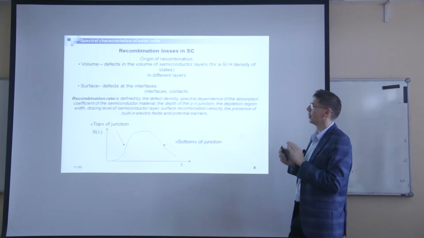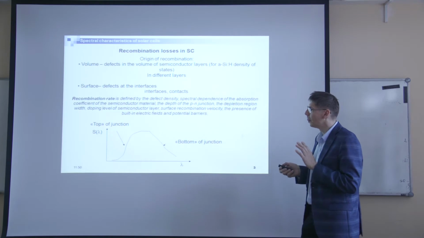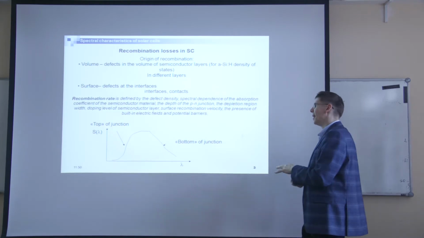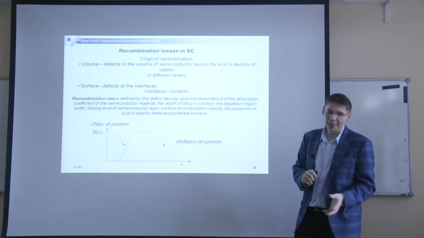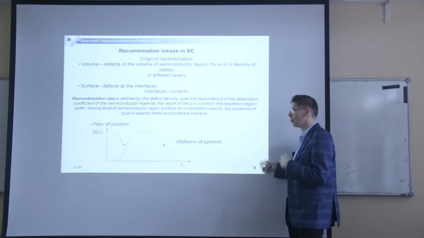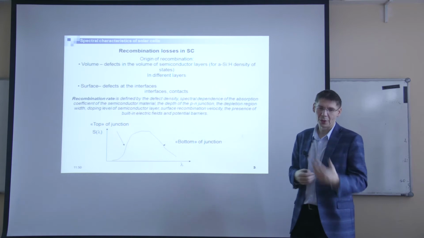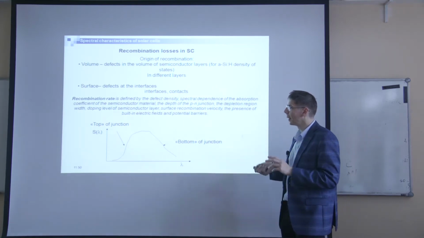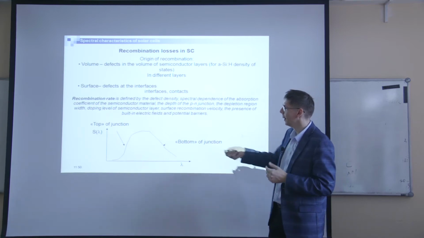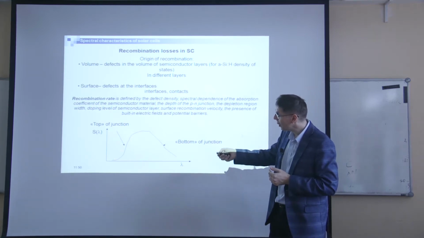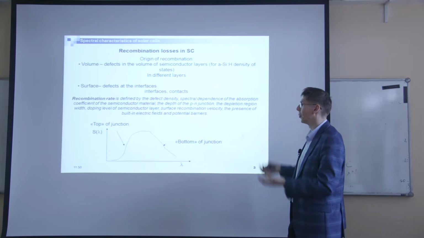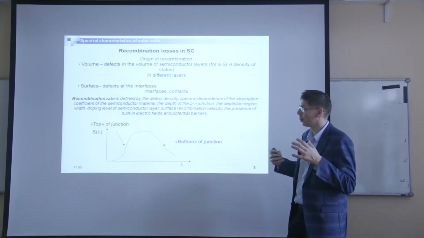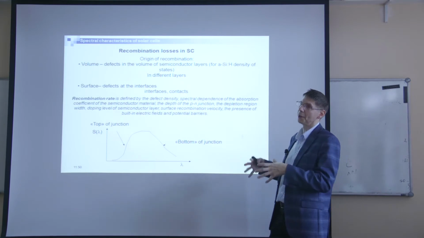But here, just to say that in principle you can maybe not really select, but have some idea whether it's a problem related to the top surface or the bottom surface. In the general case, if you have a drop of the spectral response at the short wavelength part, it means that the problem comes from the top part of the junction.